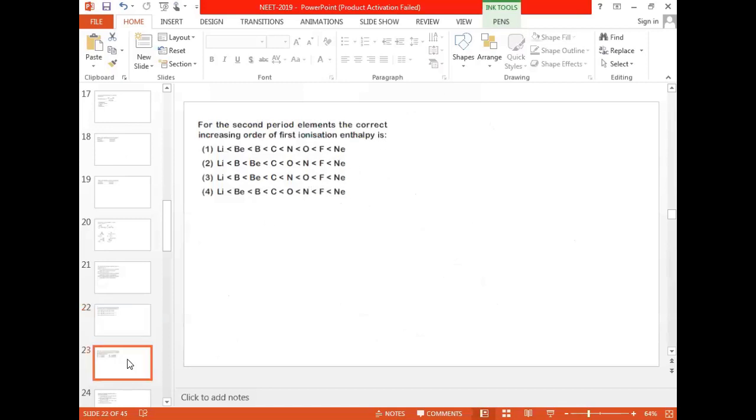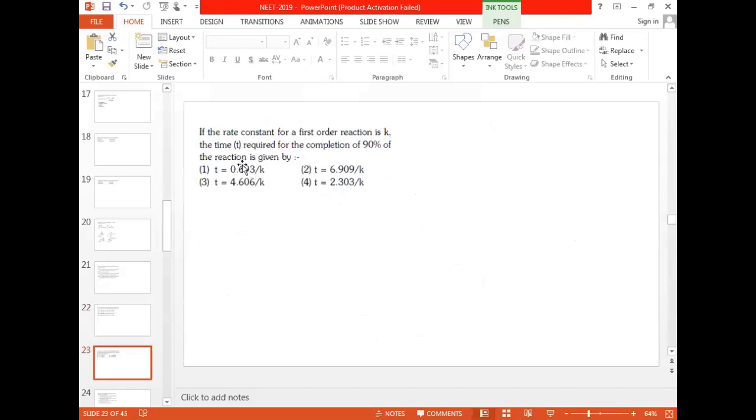Now come to the next question. Here, what is given? The rate constant for a first order reaction is K, and the time required for the completion of 90% of the reaction... Actually, it is not 90%, it is 99%. Just correct it. Then only can we go with the options which we are getting. Otherwise, we don't get them. You take 99%.